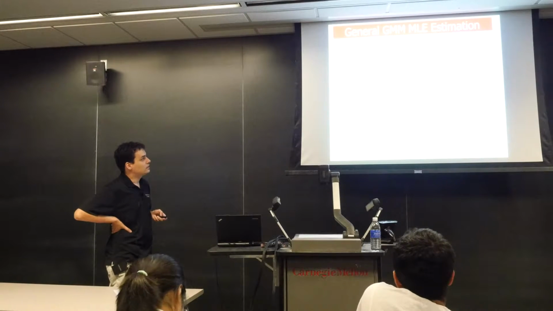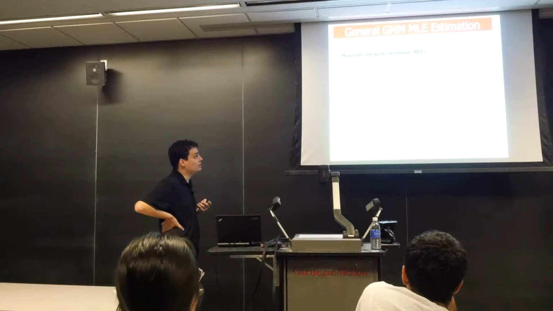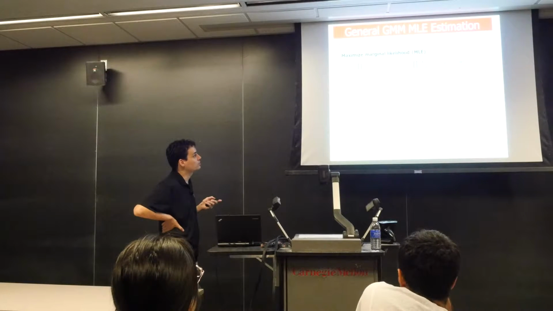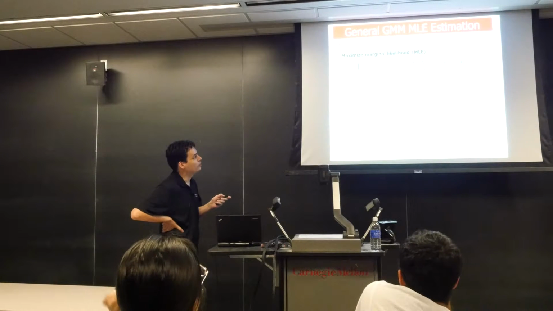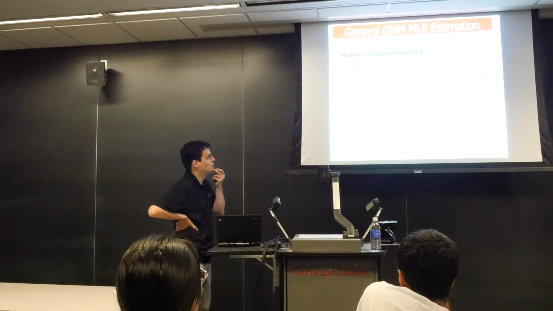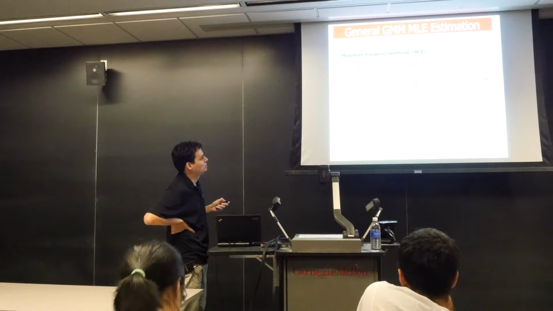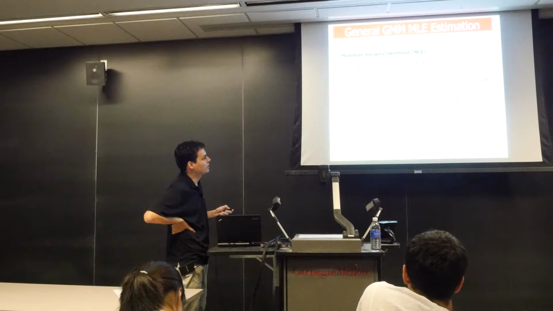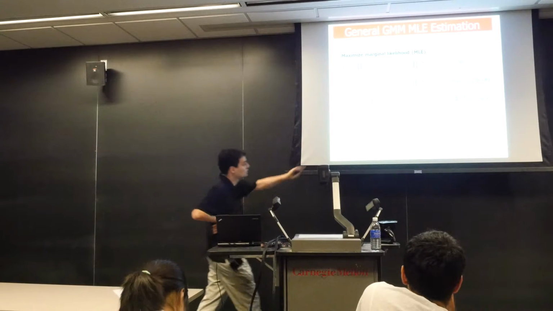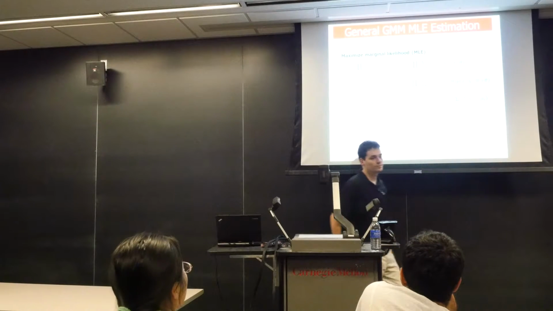Okay, so now the hard case. What if we don't even know these parameters? Mu1, mu2, mu_k, sigmas, pi's, then what can we do? And then the maximum likelihood estimation will look like this. So this is the likelihood function. We want to maximize this in theta, where theta are all these parameters. So we just need to maximize this likelihood function in thetas, which is in all these pi's, sigmas, and mu's.